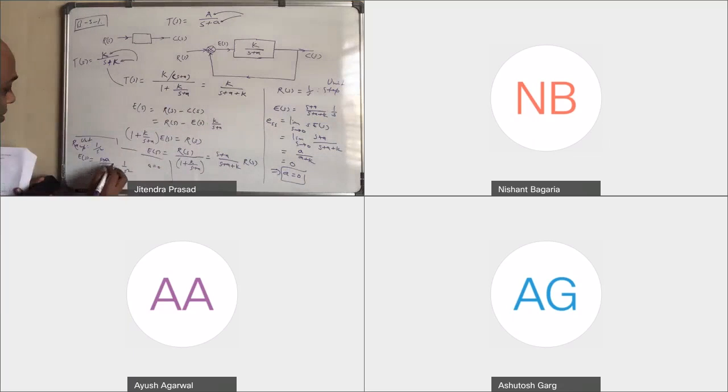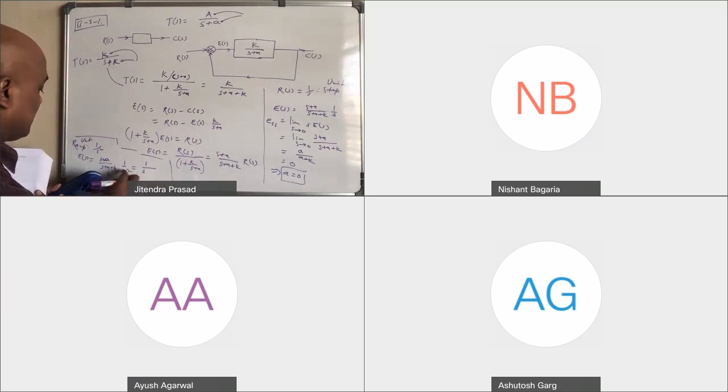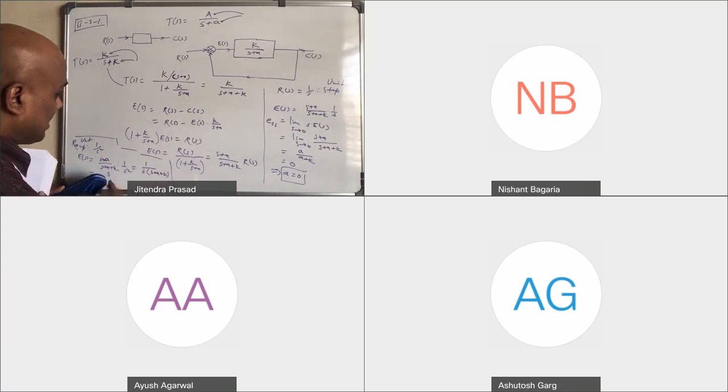So this becomes equal to, with a equal to 0, we get 1 over s, and then (s plus a plus K). a is 0, so s plus K only. Right? 1 over s times (s plus K), like this. Yeah.